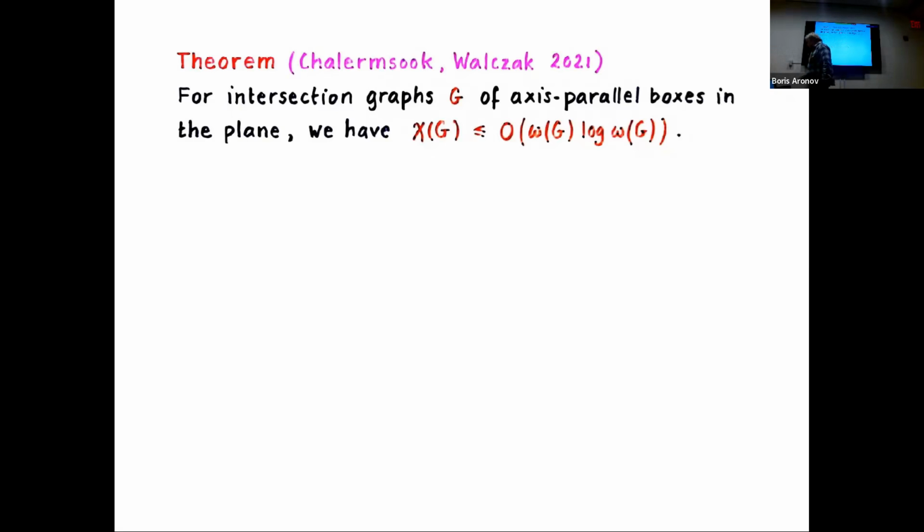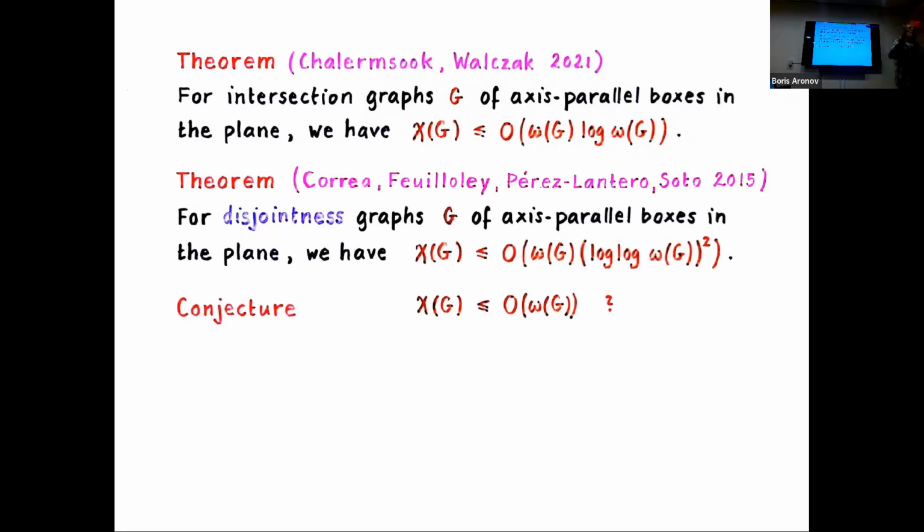A big improvement. You look at the complement of it, the disjointness graph, complements of intersection graphs of the same axis parallel boxes in the plane. Now we know that again a similar phenomenon is true. In fact, next to this omega there is a better function, a log omega. So this is for disjointness graphs.